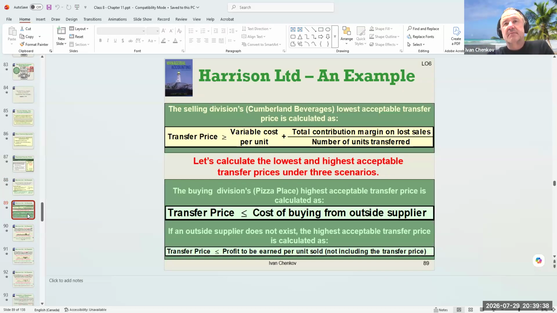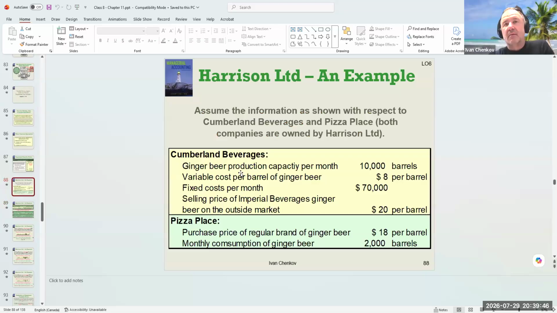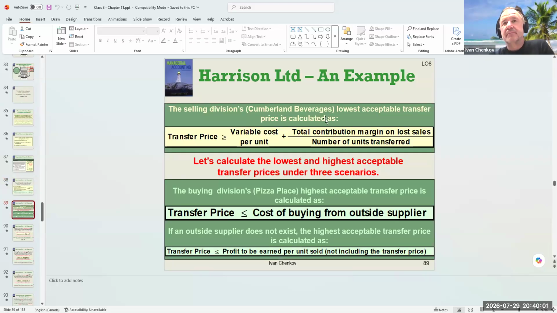The lowest acceptable transfer price will be calculated as the variable cost for the making division, or the selling division, which is $8, plus any contribution margin that they might lose from stopping the regular sales.